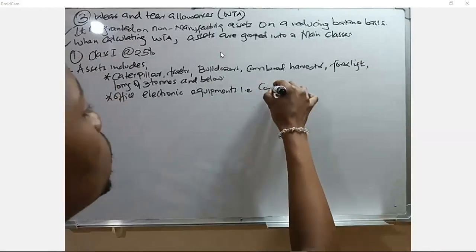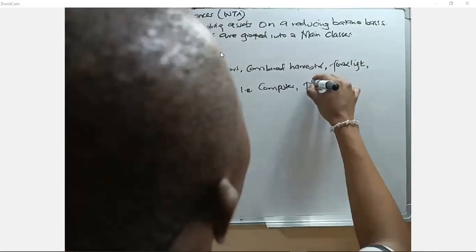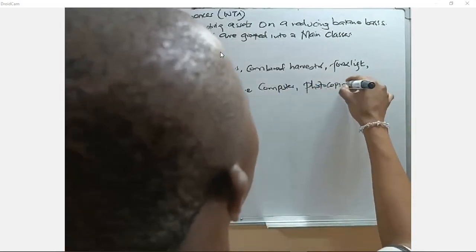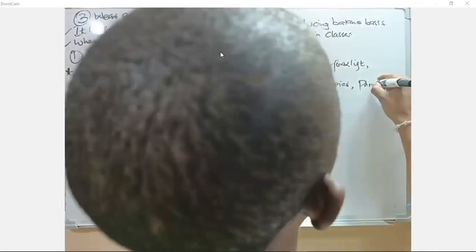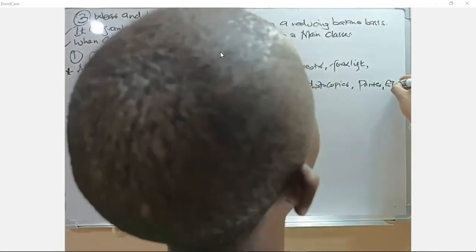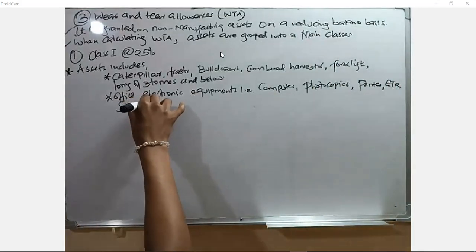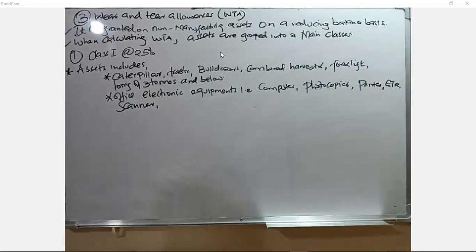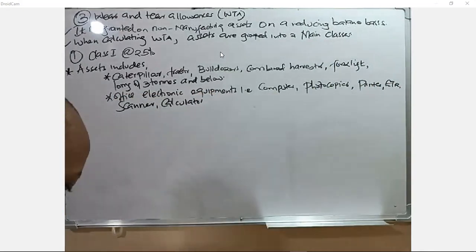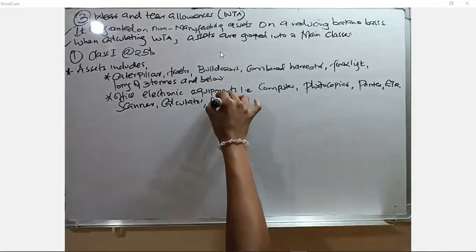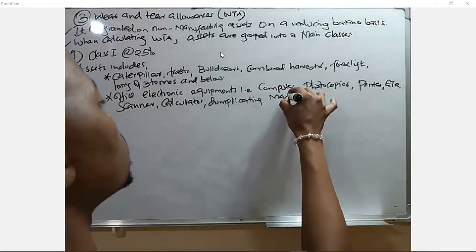We normally have computer, photocopier, printer, ETR, scanner, calculator, duplicating machines.